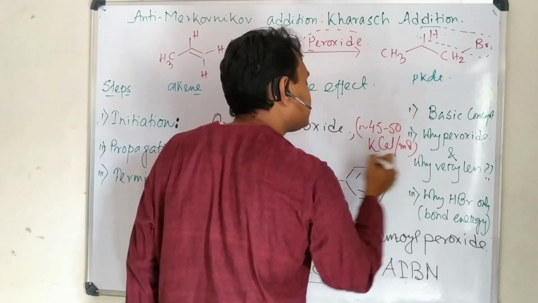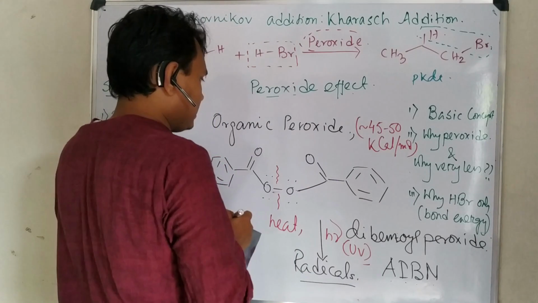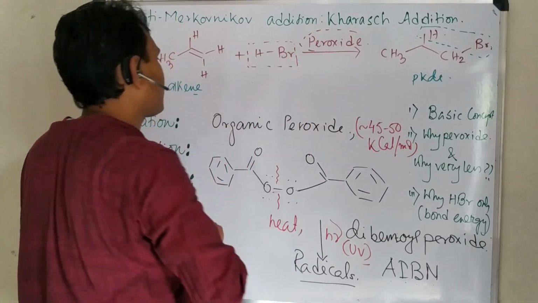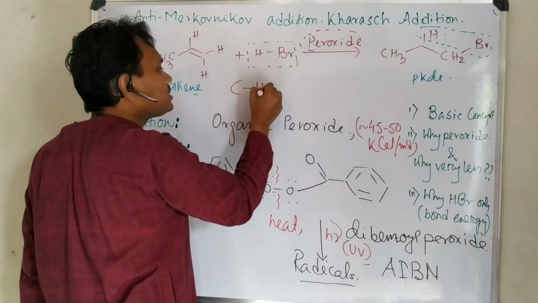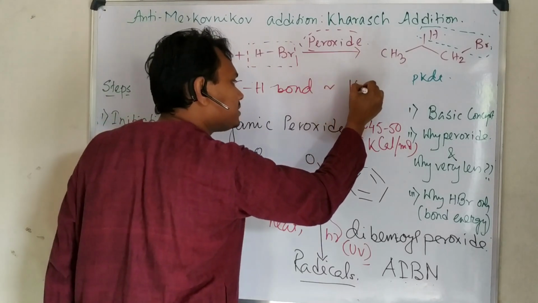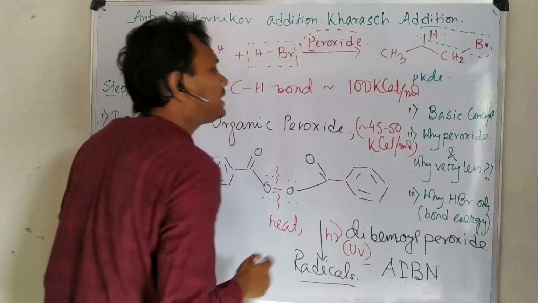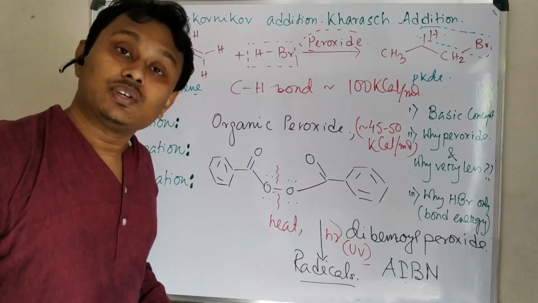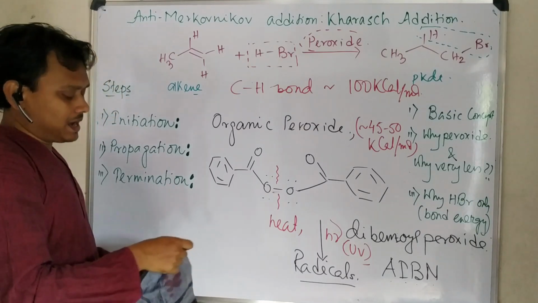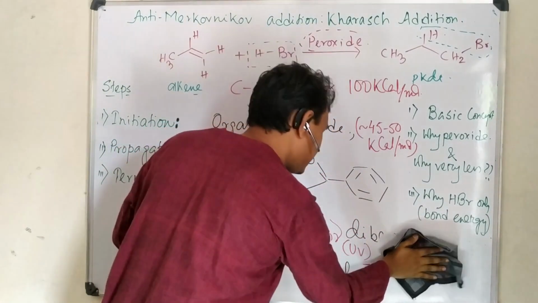What does it mean? The energy of a C-H bond is around 100 kilocalorie per mole, so this is almost half. It means that if the proper condition is applied, it will instantly break to produce the radicals.